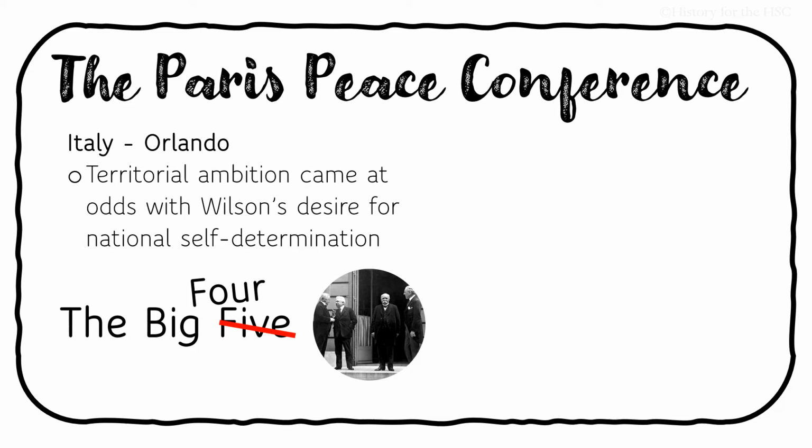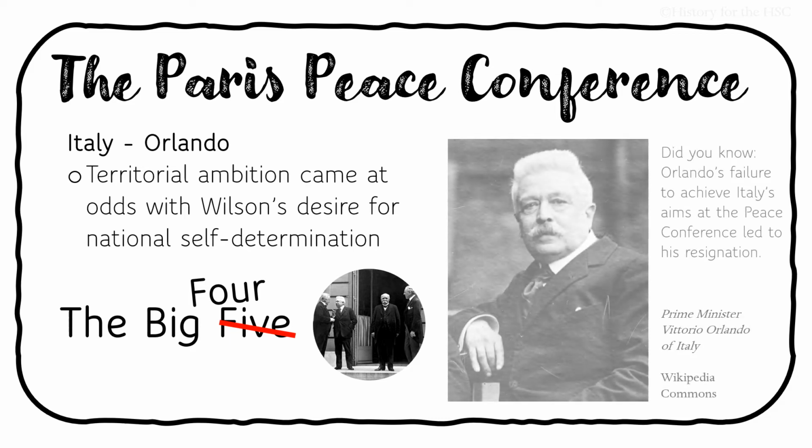Wilson believed that nations, ethnic groups, should be allowed to make decisions for themselves about their own governance. And whatever contribution Italy may have had to the war, the USA was in a stronger political position to ensure their will was followed.